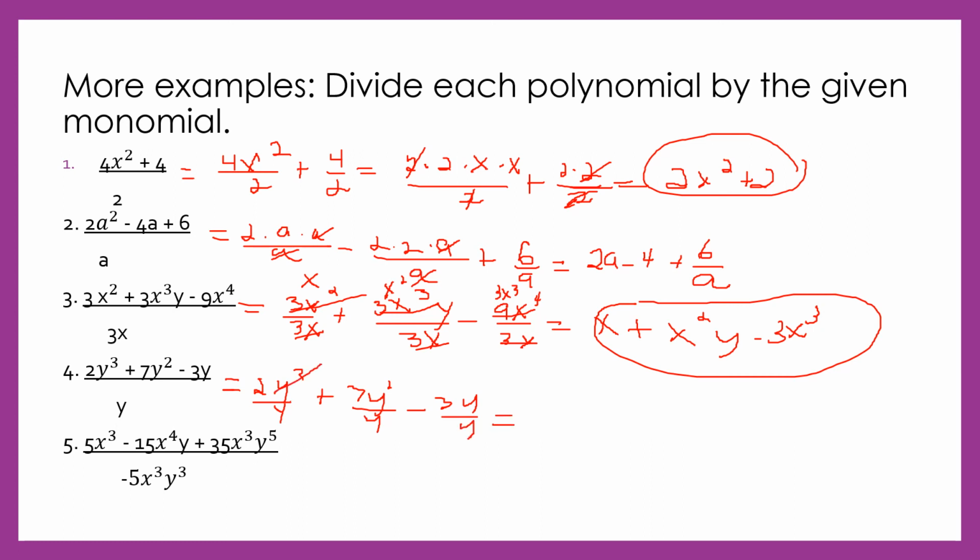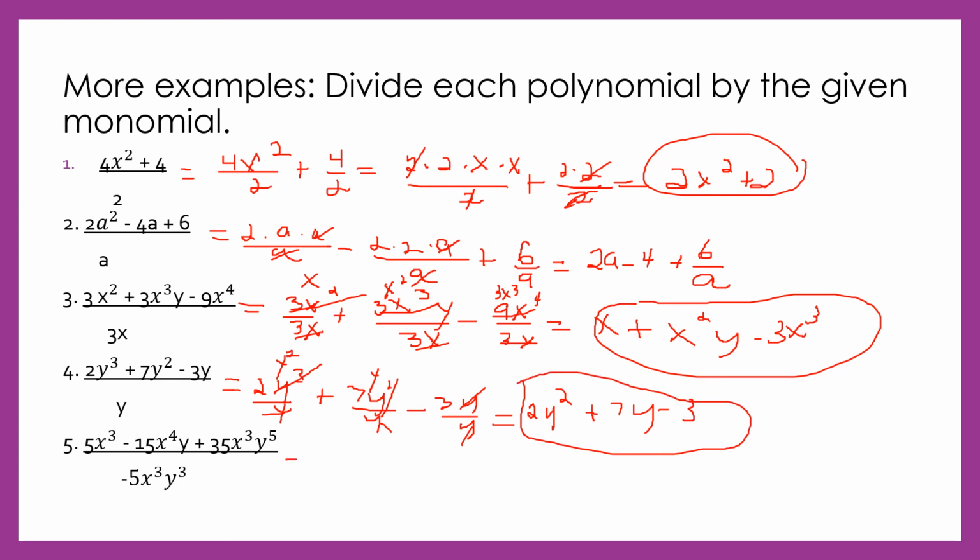So we cancel this. One y is left. This is a cube, so two are left. This is a square, so one is left. This one, none left. So, we have 2y squared plus 7y minus 3. So that is the final answer.